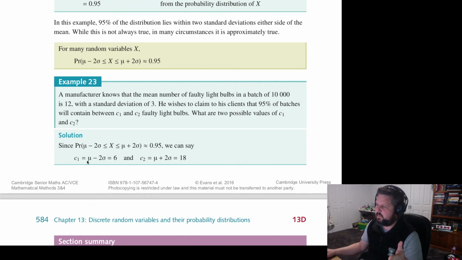So C1 has to be 6 in that particular case. And likewise, it has to be 2 standard deviations above for the other one. So 2 standard deviations is 6, added onto the mean is going to be 18, is how that calculation takes place.